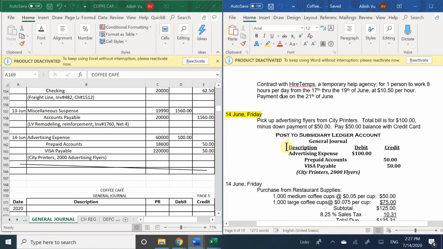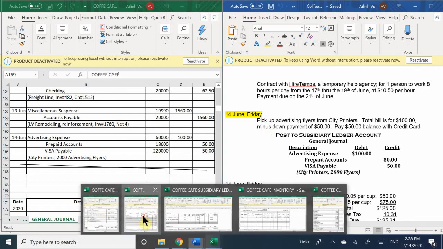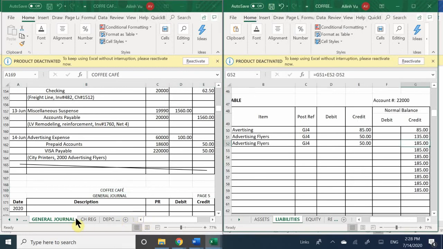I have a question for you. Didn't we credit the $50 to the Visa card? Yes. Doesn't it mean it went down? Well, what is a Visa? What kind of account is Visa credit card?